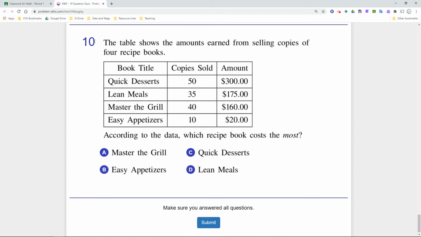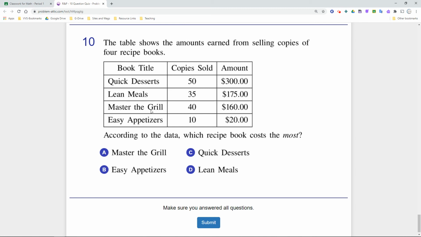Then coming down here to number 10, the table shows the amounts earned from selling copies of 4 recipe books. We have the books Quick Desserts, Lean Meals, Master the Grill, and Easy Appetizers. For the book Quick Desserts, they sold 50 copies for $300. For Lean Meals, they sold 35 copies for $175.